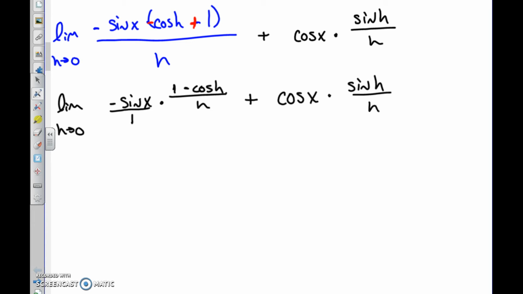Now at this point, all I have to do is just evaluate the limit. So by doing that, we're just going to take this and follow each of these rules.